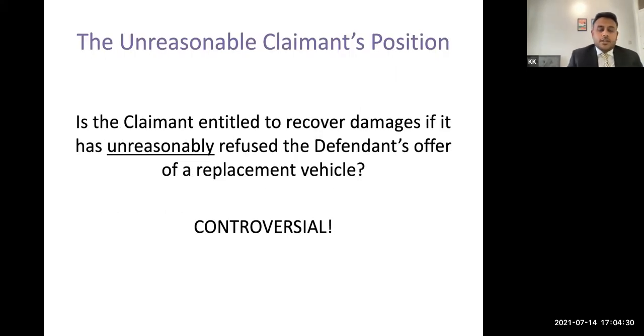If we move on to the next issue, this is really about what happens where a claimant has been found to have acted unreasonably. It is a controversial issue in that if they've acted unreasonably, the question really is, why should they recover anything?